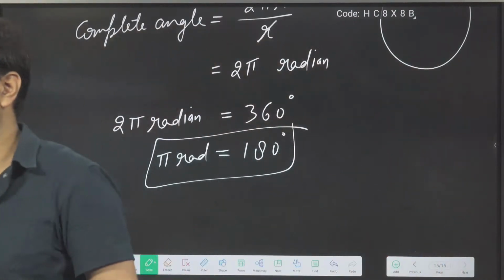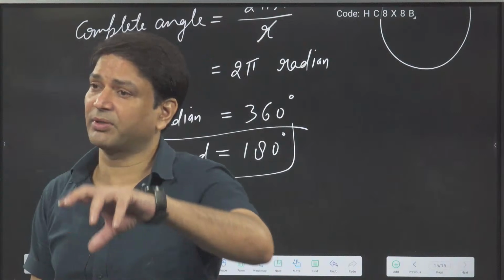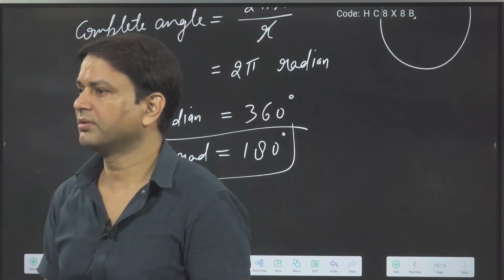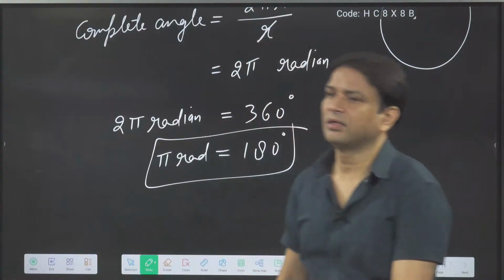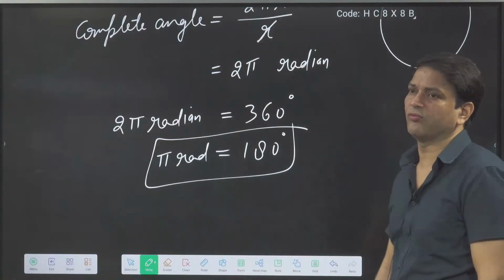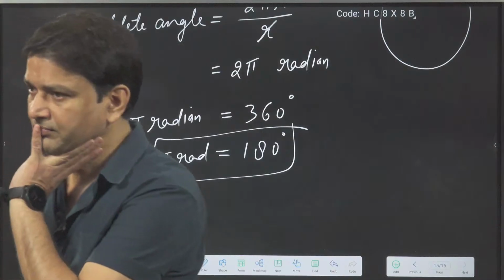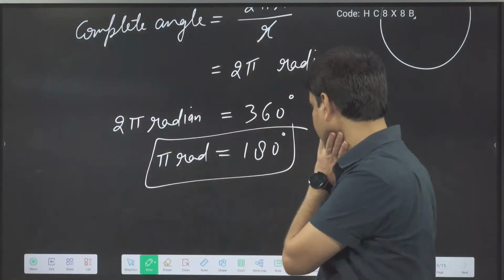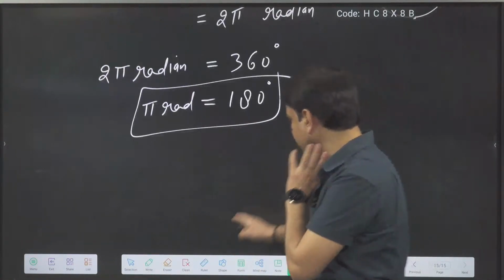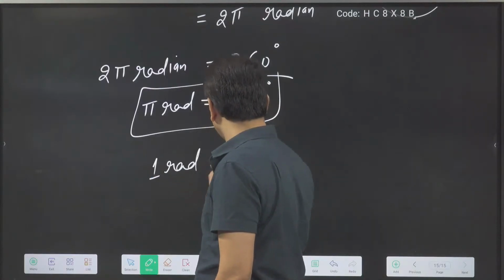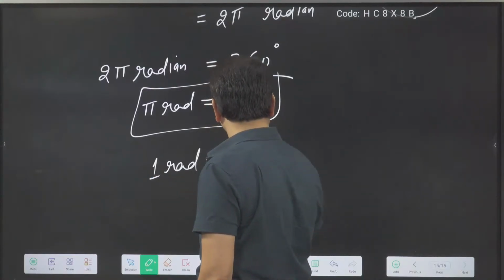Sometimes the answer you get is in radian, but the options are in degree. Then you can use this conversion factor. Okay. So pi radian is equal to 180 degree. This everybody got or not? Or I can say 1 radian is equal to 180 by pi degree.